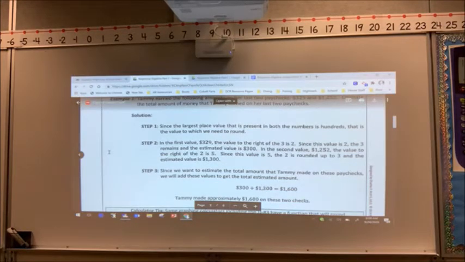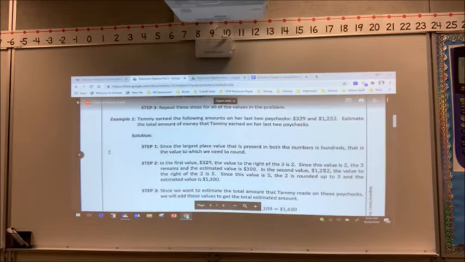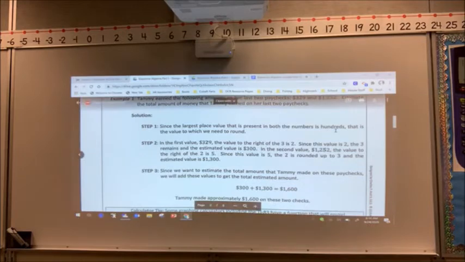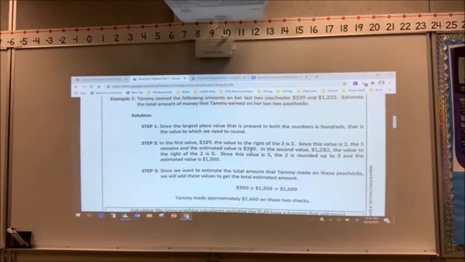Since the largest place value present in both numbers, 329 and 1,252, is hundreds, that is the value to which we need to round. So we're going to be rounding to the hundreds here. Step 2, in the first value, 329, the value to the right of the 3 in the hundreds column is 2. Since the value is 2, the 3 remains, and the estimated value is rounded down to $300.